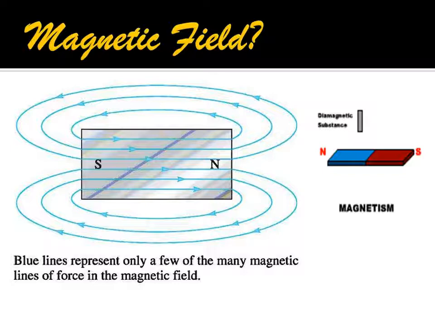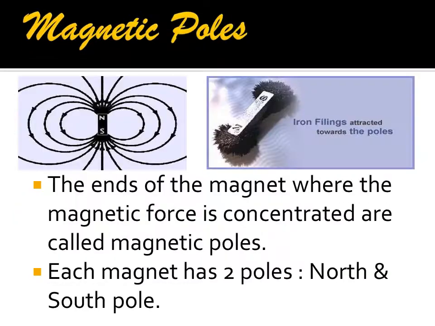Then let's talk about magnet. What is a magnet? Any substance which attracts a piece of iron, cobalt, copper towards itself is known as a magnet. If you go to the market, or if you have observed in loudspeakers also, there is a magnet.